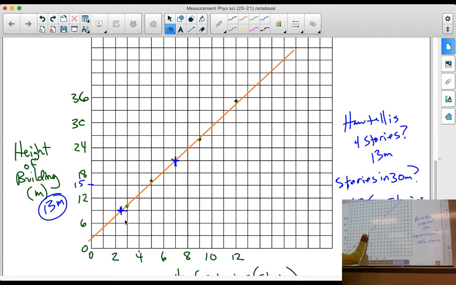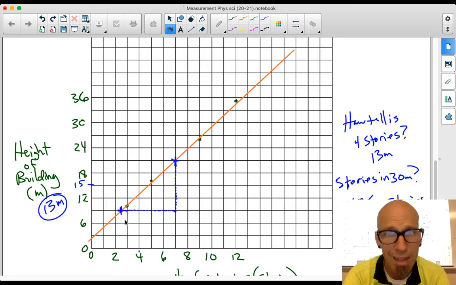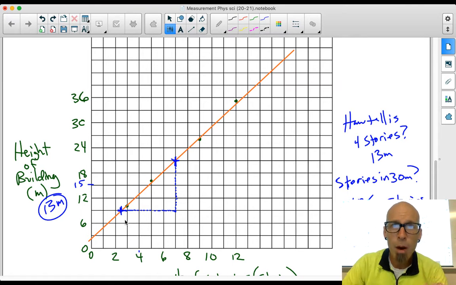Now here's what I do. I drop down from the top of my two places and I extend across from the other two places. And so now what do you see? Oh, look at that. I see a triangle. Now here's what you can't do, folks. You can't count boxes. You cannot count boxes. You have to count by the interval. I went by 3s on my rise axis.